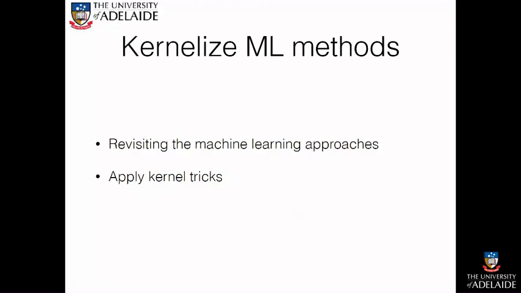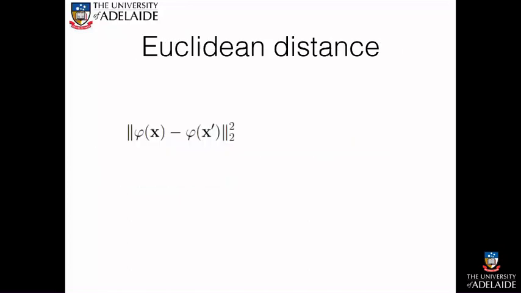Okay, so that's how you kernelize some machine learning methods, and it turns out quite a few different categories of machine learning methods can be kernelized. So for example, here is the first, simplest example. Let's say we want to calculate the Euclidean distance in the projected space, the Euclidean distance of two data points in the projected space.